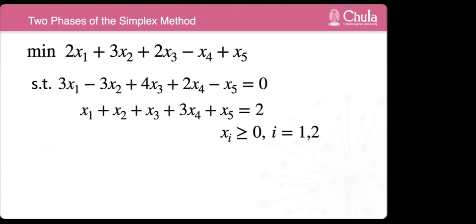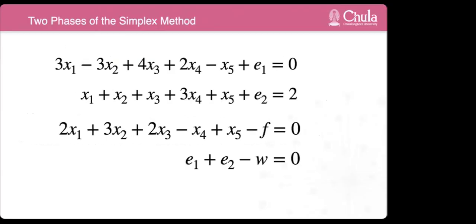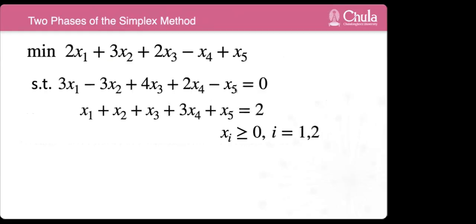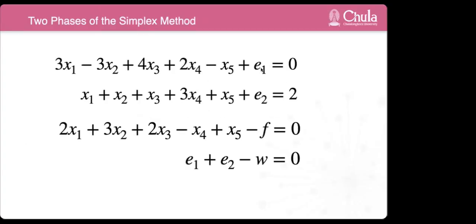Now the example. We minimize this objective function, and we have two equality constraints. So we add E1 here, and we add E2 here.